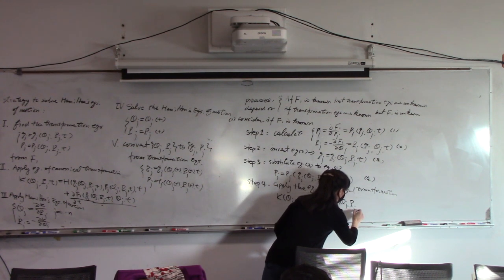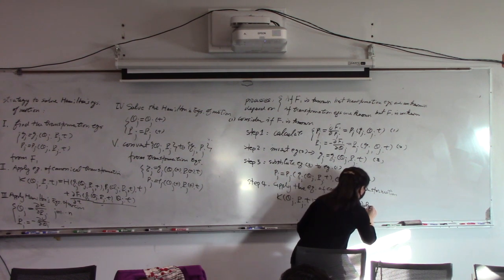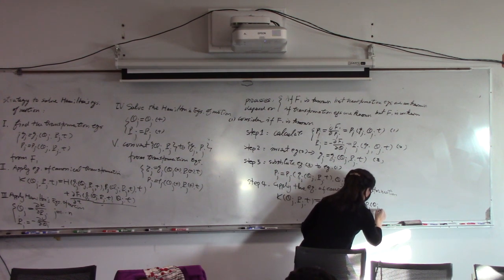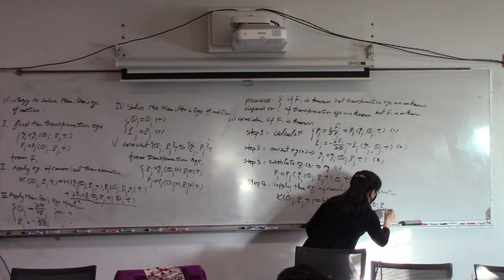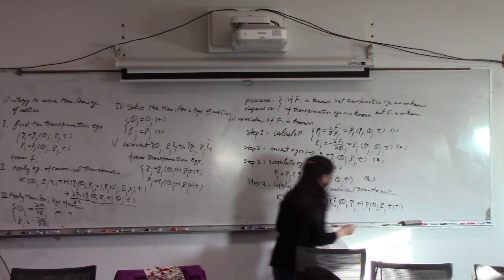So I'm going to write it this way: Pj, and t.